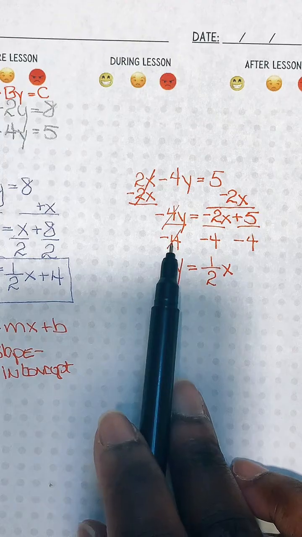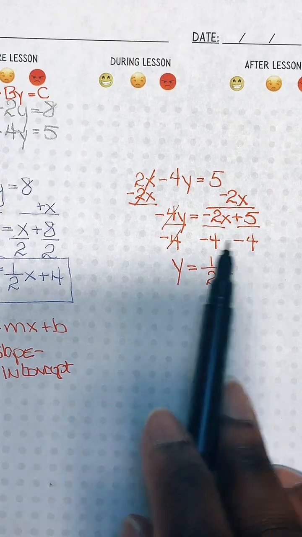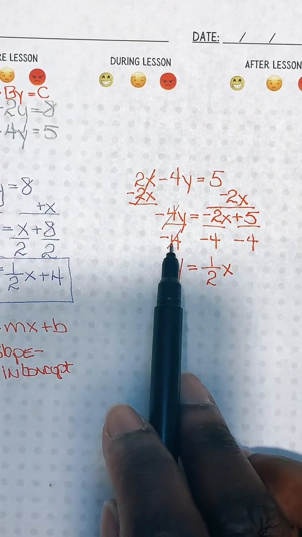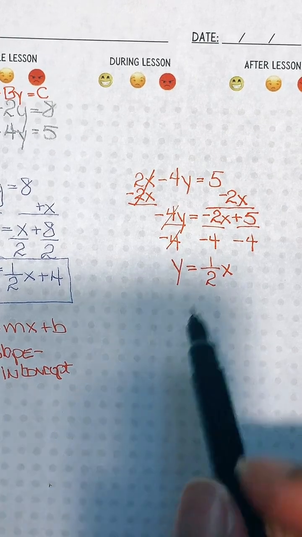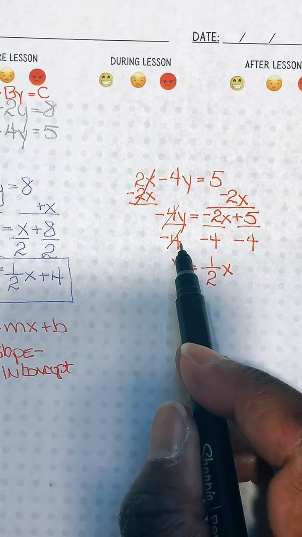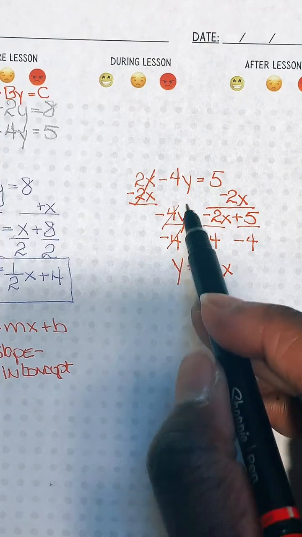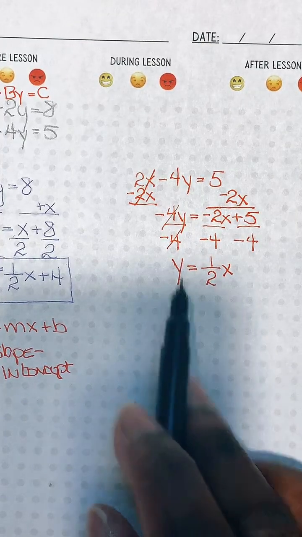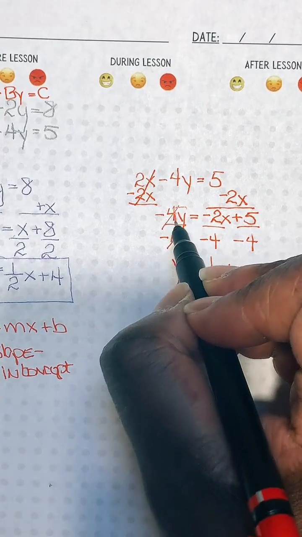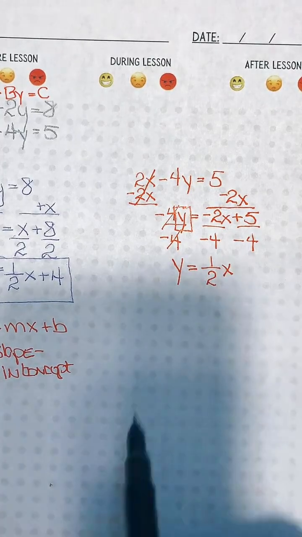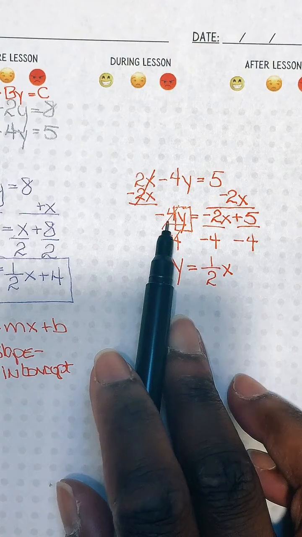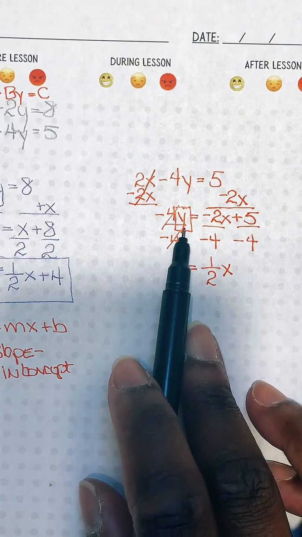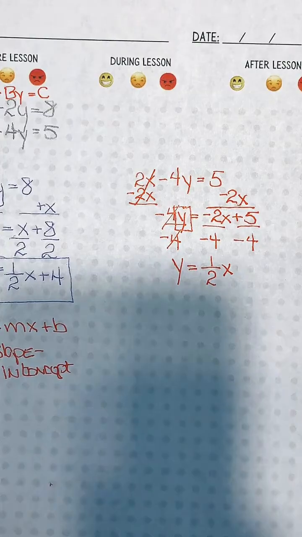So now I want to divide everything by -4. I don't want to divide by -4y because I'm going to cancel everything out over here, and that's not what we want to do. We want to solve for y, so I need to get rid of that -4 so I can isolate my variable.